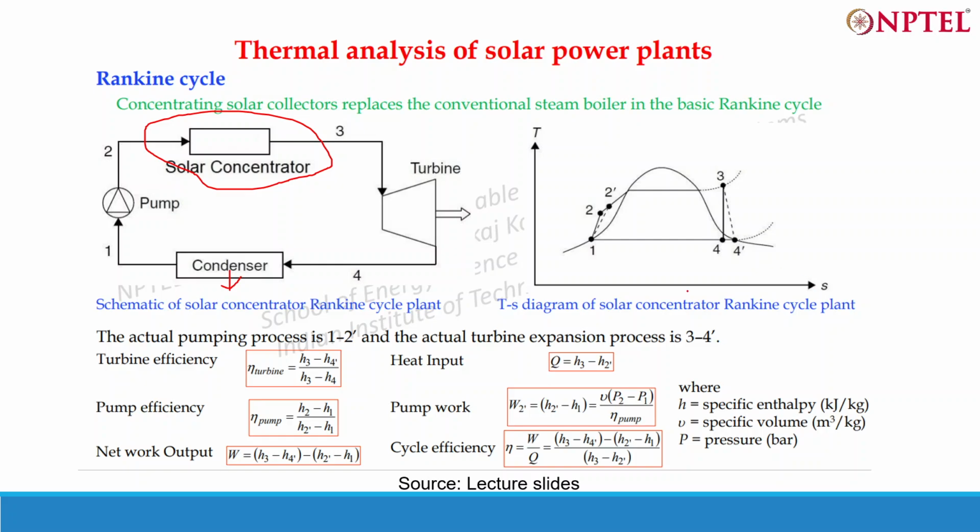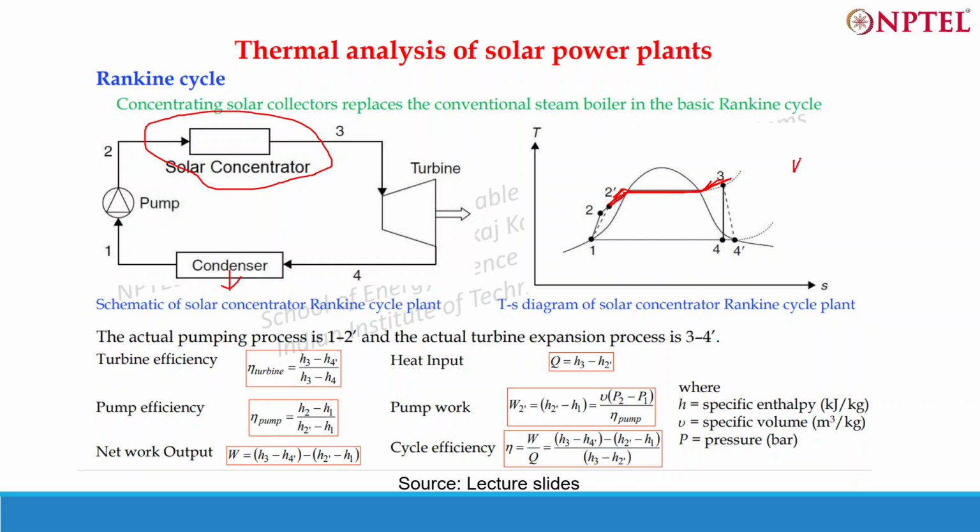Okay, so this is the isobaric curve, and this is the isobaric line. Isobaric means the same pressure line. This shows the energy input, that is in the boiler, in the case of solar thermal. Then we expand it in the turbine to produce power.